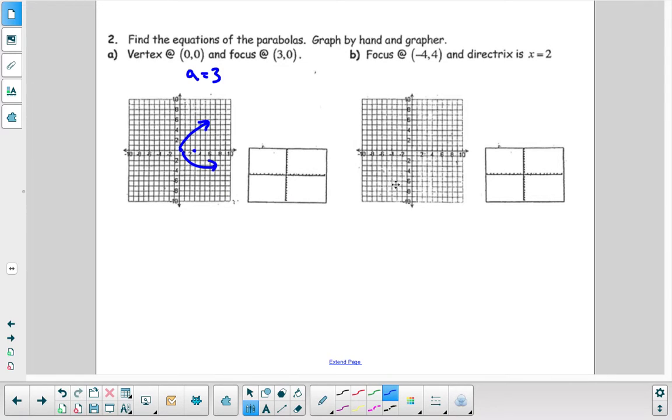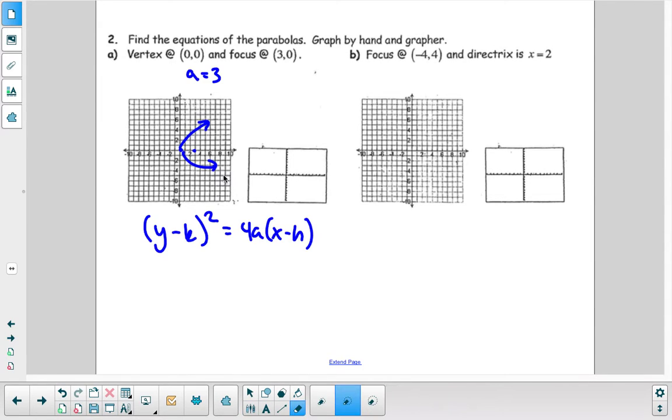Since it's opening to the right, we're using y minus k squared equals 4a times x minus h. Okay? And we know what a is. So I'm going to get rid of the sloppy graph and put in the correct graph.